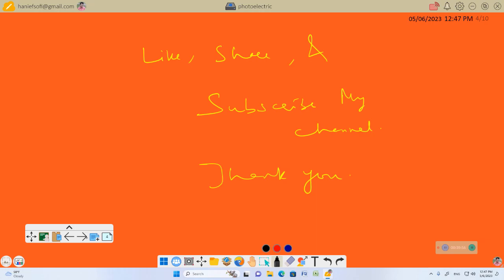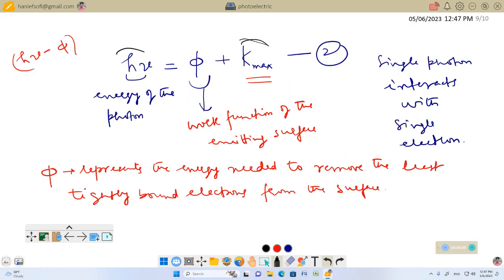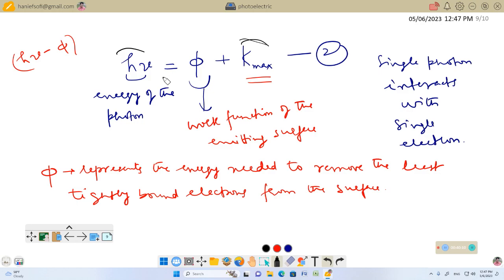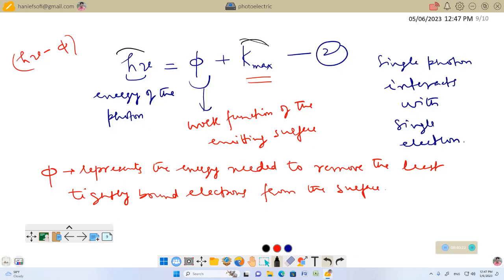Let me move to my page. So when nu is nu naught, stopping potential is zero, K max is zero. Therefore, from Einstein's photoelectric equation 2, what do we get? We get h nu naught is equal to phi. This term K max is zero.